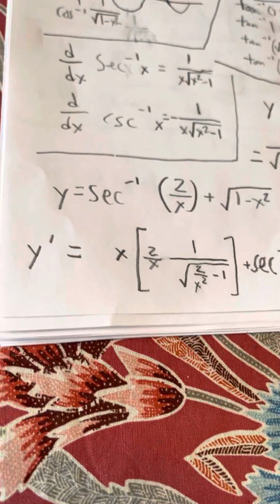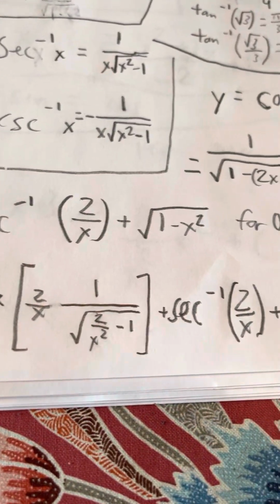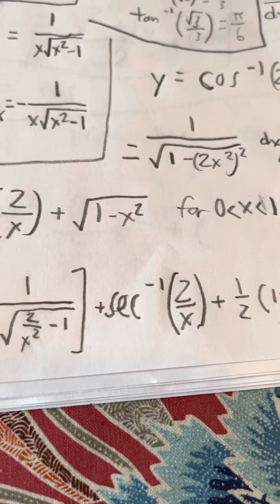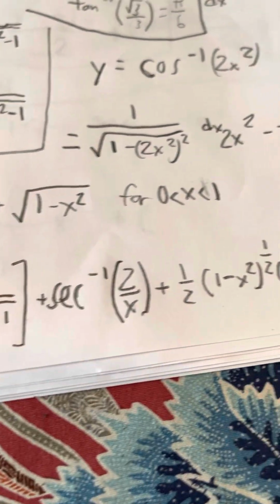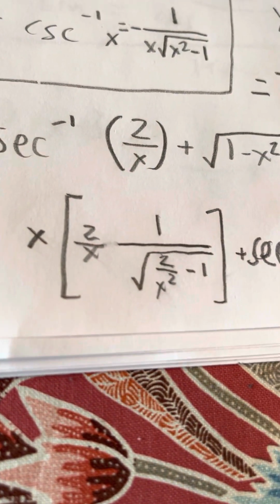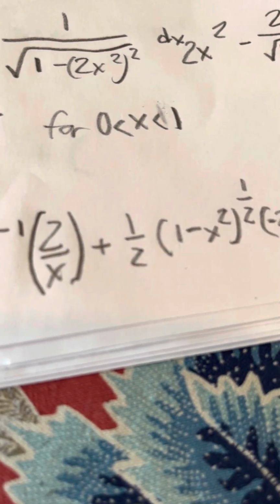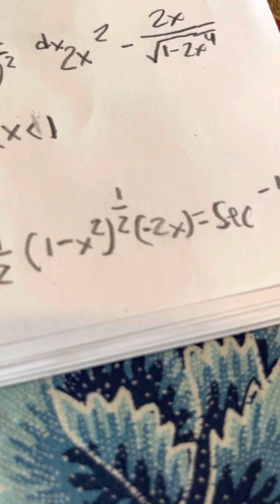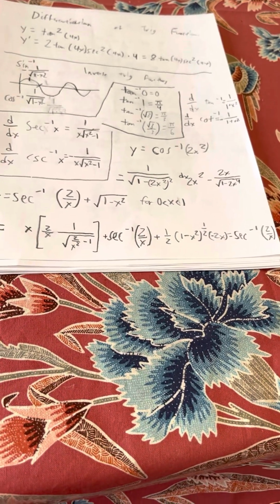When you calculate that, y equals secant negative 1 of 2 over x plus 1 over the radical of 1 minus x squared for the inequality right there. Now, I'm not going to read all this. I'm just going to let you slowly go through this. Good.